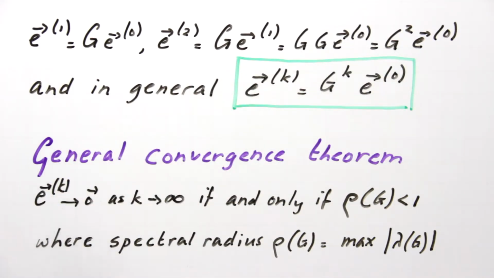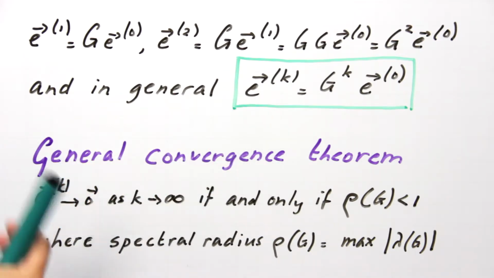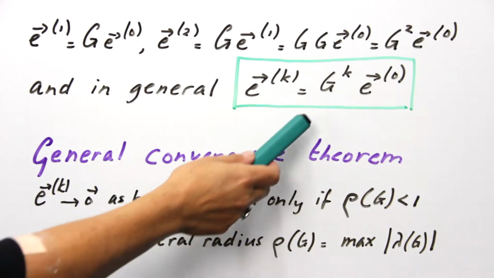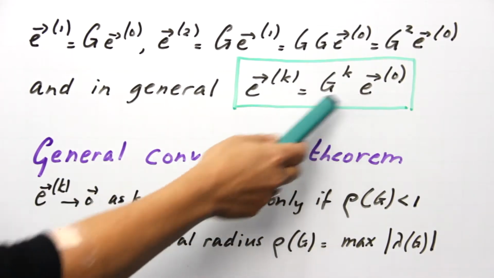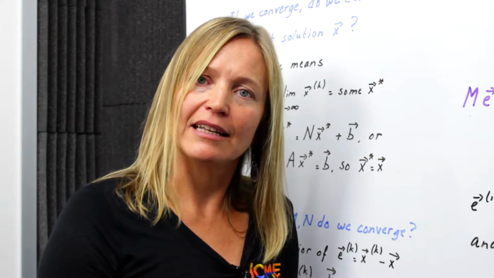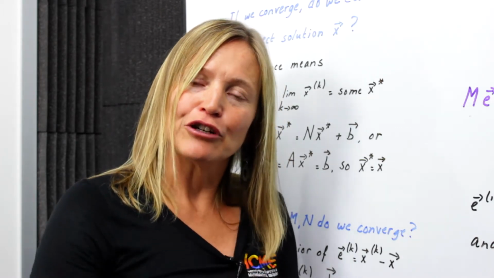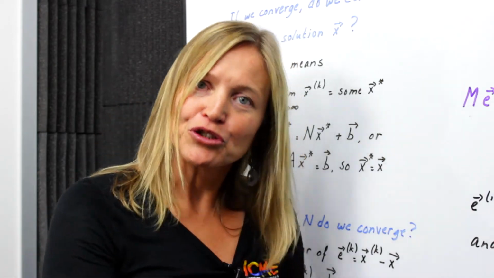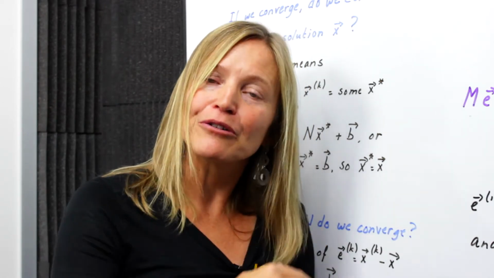And we can keep doing this until we get the general expression that the error we're making at the kth iteration step is nothing but G to the power k, the amplification matrix applied k times to the initial error E0. The nice thing about this is that no matter what E0 is, if this G gradually reduces this E0 and we constantly hit it with this amplification matrix, the error will go down to 0.